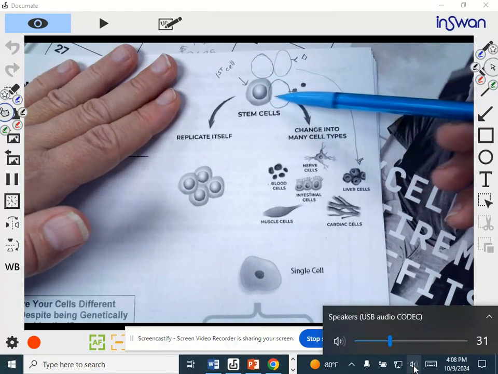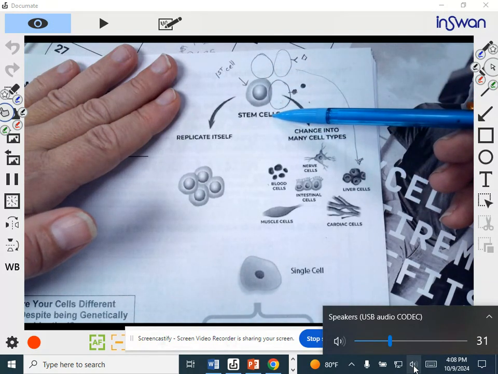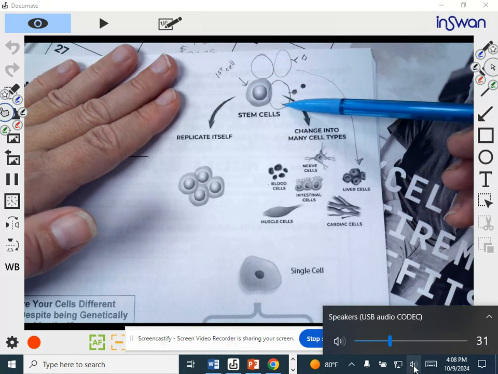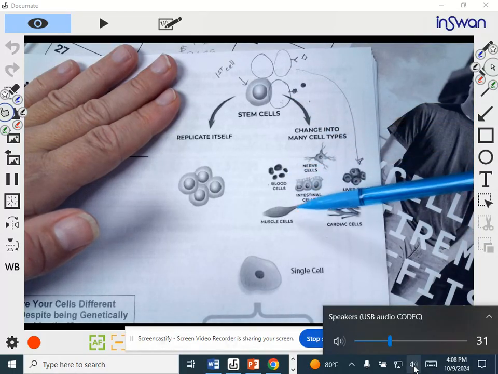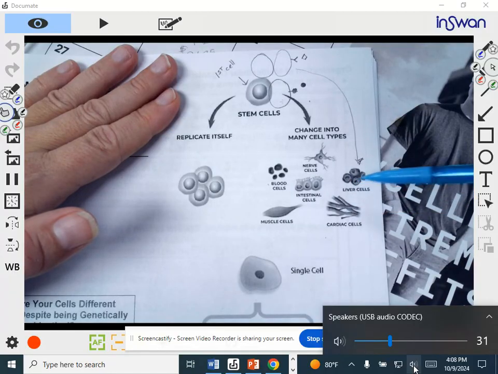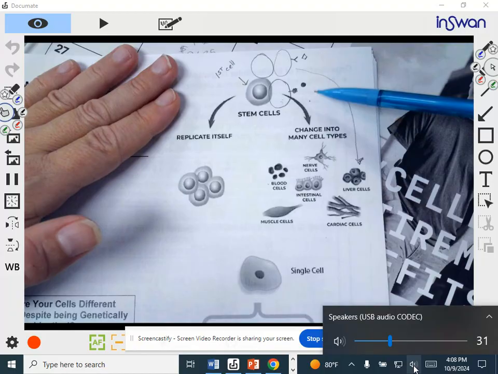And all these cells, they looked exactly the same to start. And these cells at the beginning are called stem cells. Now, stem cells have the ability to change into any specific or specialized type of cell in the body. And what they change into just depends on what signals they receive.